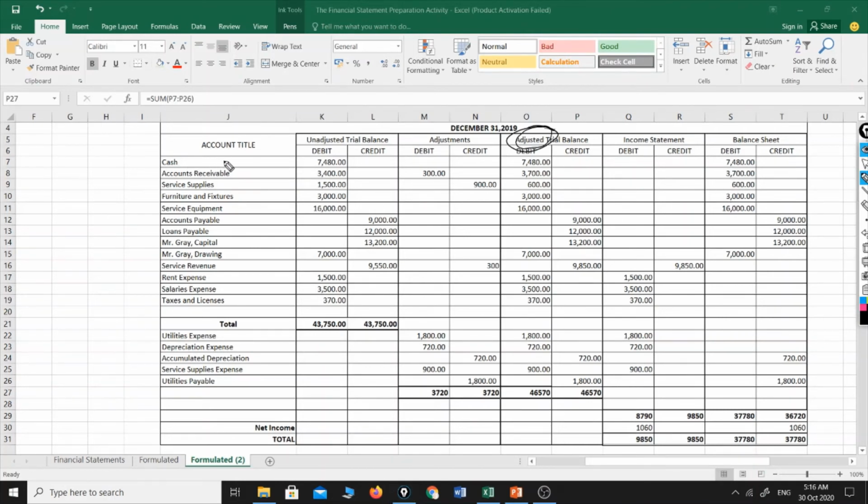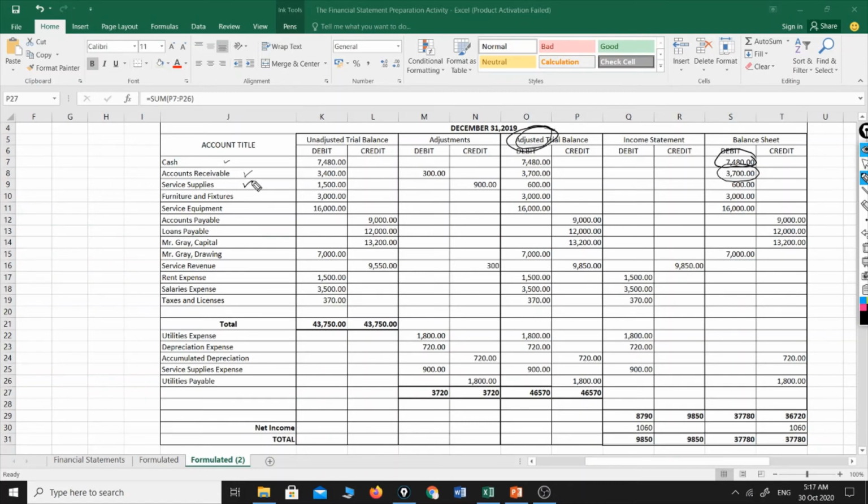Okay, first we have the cash. Cash is an asset, so it should be extended to the balance sheet section. So debit, cash, and then put this one on the balance sheet section. Accounts receivable, of course, this is an asset. So its amount, the 3,700 debit, should be part of the balance sheet section debit. Next is the supplies.